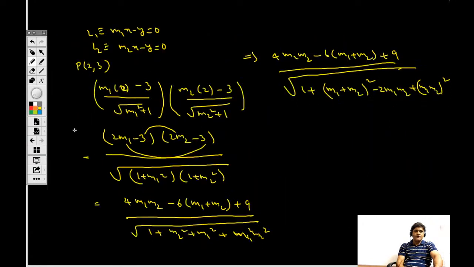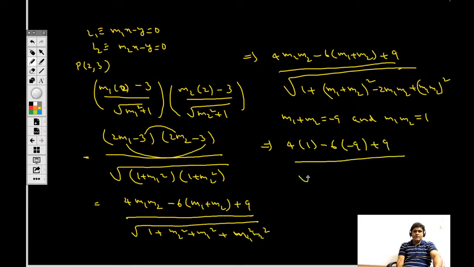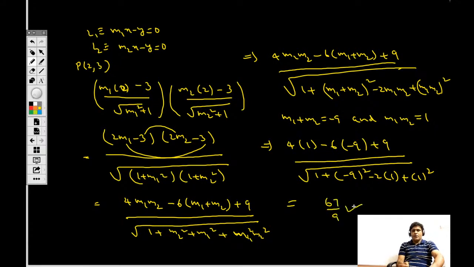Substitute: 4 times 1 minus 6 times minus 9 plus 9, over the square root of 1 plus minus 9 whole square minus 2 times 1 plus 1 square, which gives 67 by 9. This is the product of the distances. This is the final answer.